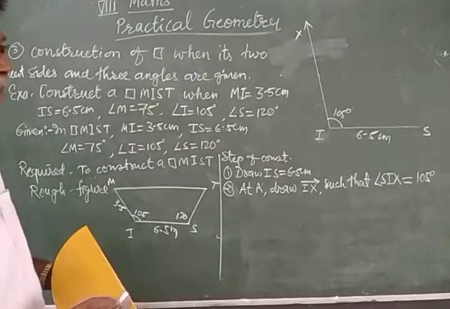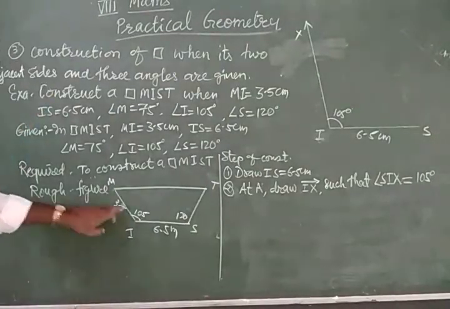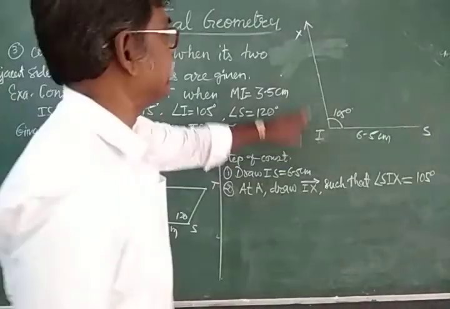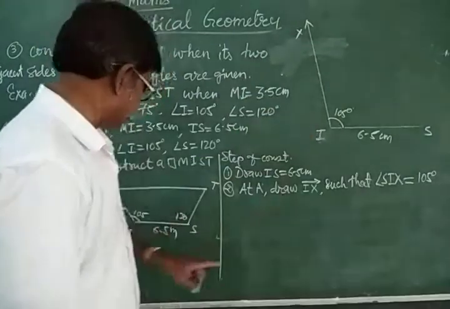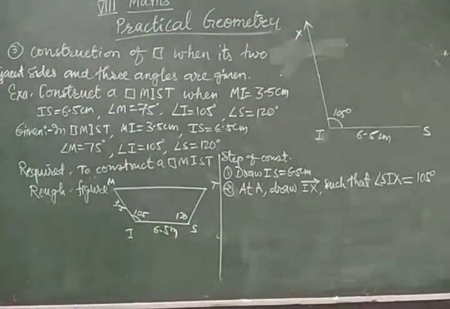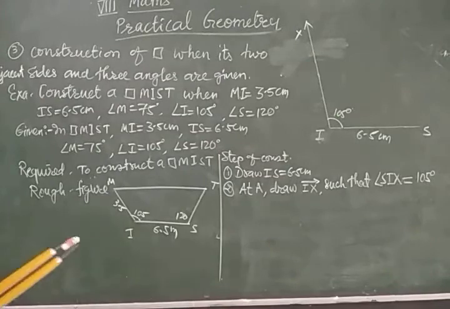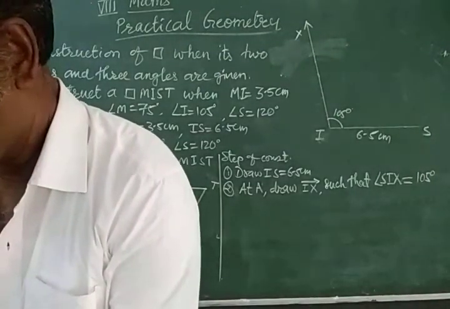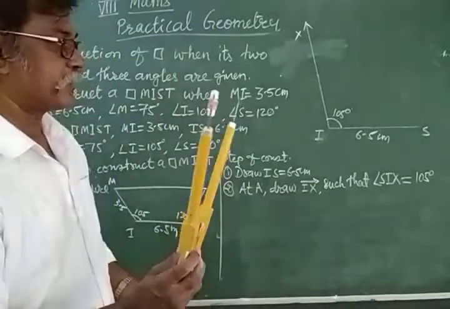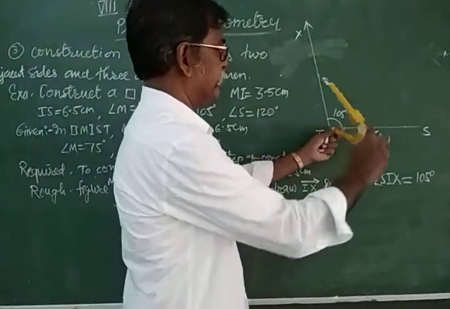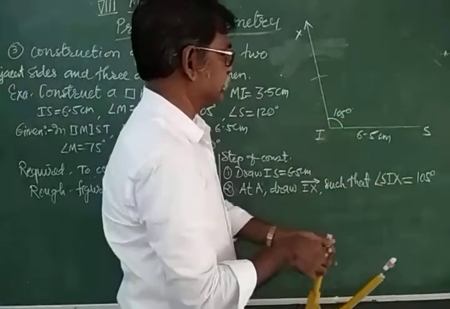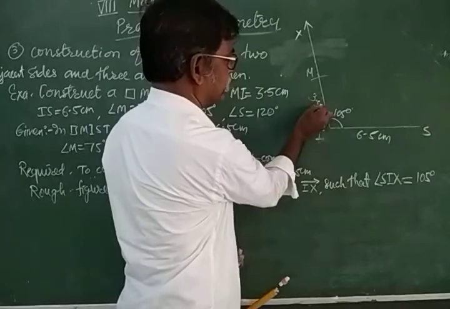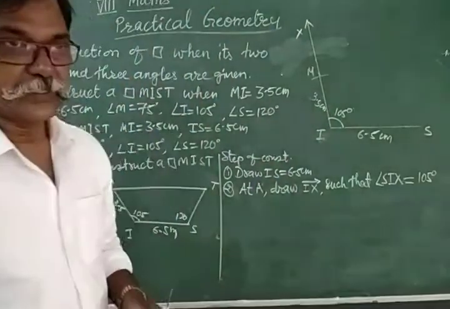Then we can cut it on ray IX, cut off IM or MI equal to 3.5 cm. Means take 3.5 cm in the compass and with center I, draw an arc. This point will be M. What is the step?